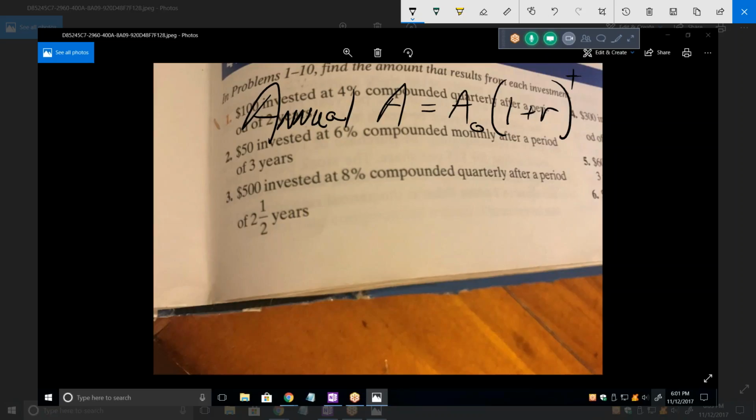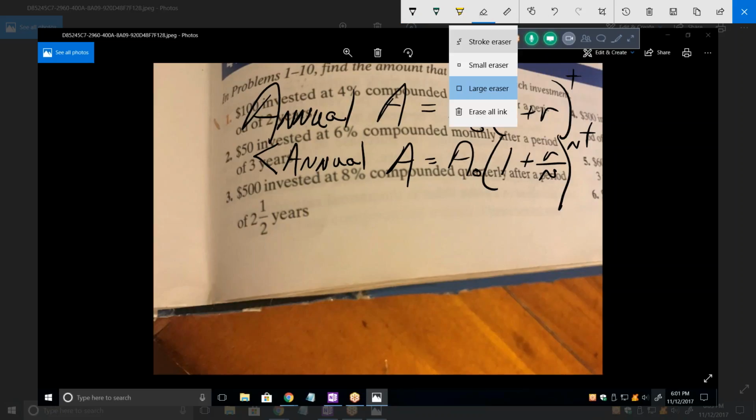Then you have less than annual. For instance, monthly. What's the general formula for that? Monthly, it's A equals P times (1 plus R over 12) to the power of 12T. I'm going to put it like this, because this formula lets n be anything you want. You use P for all of these, P being your starting principal.